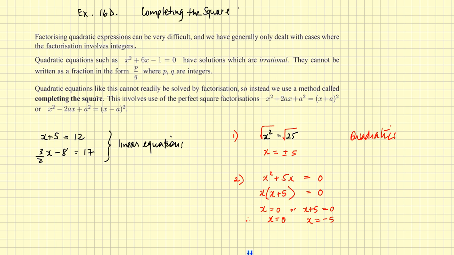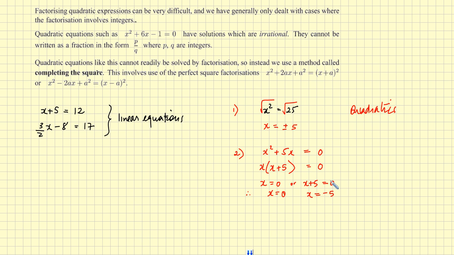Graphically, this meant that there were two x-intercepts to this parabola. My parabola looked something like this, and we know that it had an x-intercept at 0 and another x-intercept at negative 5, so it crossed the x-axis twice. The possible number of solutions for quadratics were either two solutions, meaning two x-intercepts, one solution, meaning one x-intercept, or no solutions, meaning no x-intercepts.